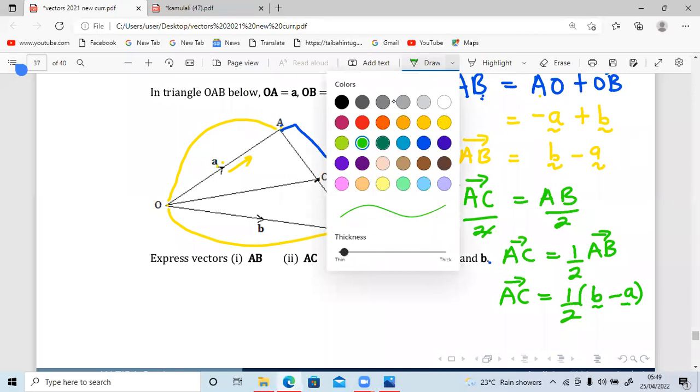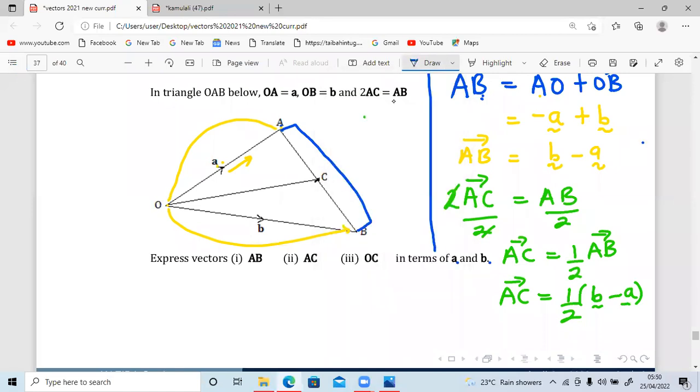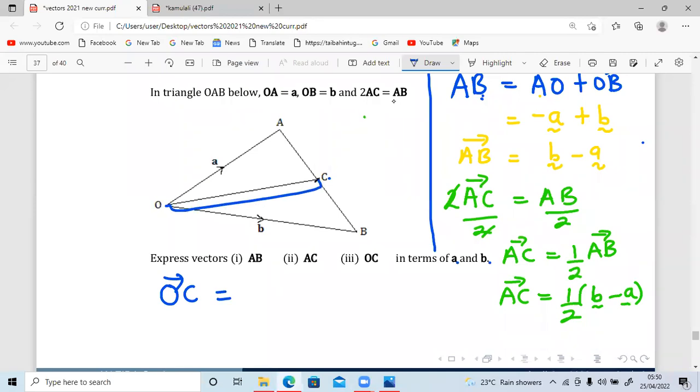Yes, sir. Then the next part is OC. When we are covering vectors, I want you to learn how to come up with those things, not to rely on what you know already. So we want to get O to C. Can someone tell us how we can move from O towards C? I want the paths.